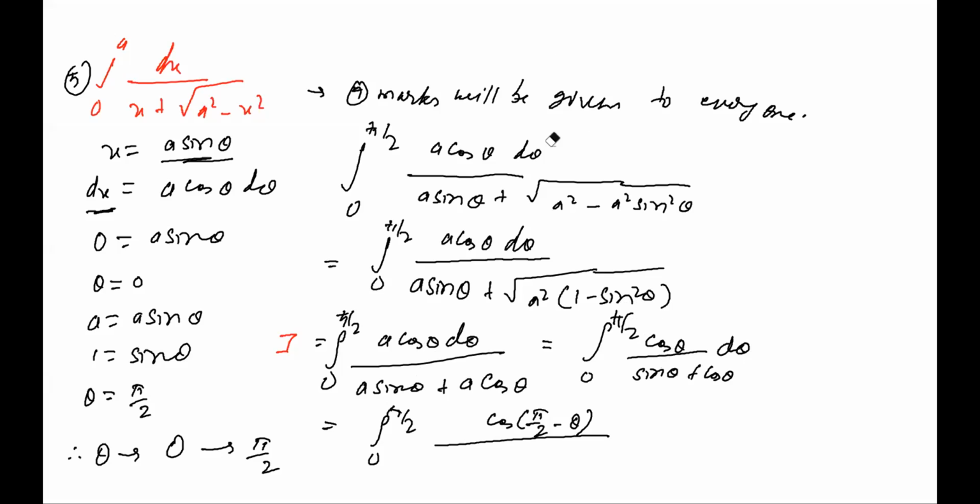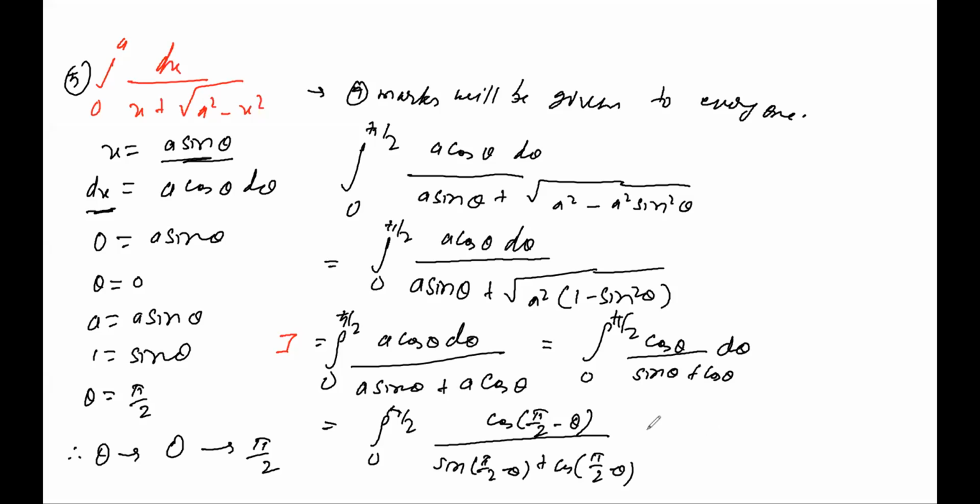Now here we can write this as sine of pi by 2 minus theta plus cos of pi by 2 minus theta.